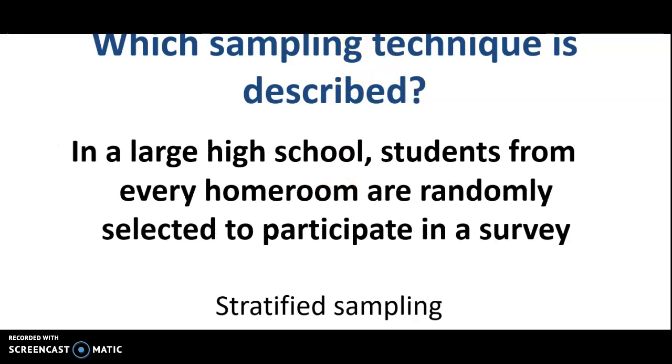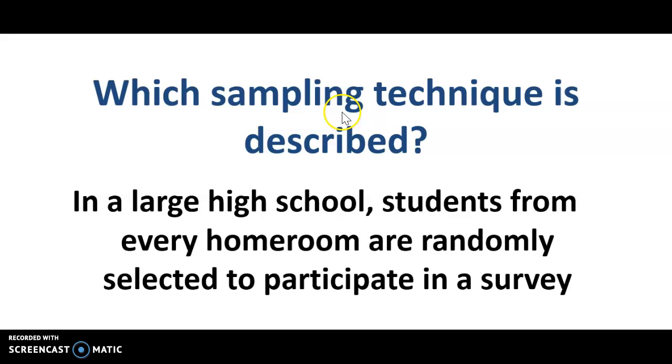Shoot. Guess you saw the answer there. So in a large high school, students from every homeroom are randomly selected to participate in a survey. So what's that? So they are in a homeroom. Could that be considered a cluster, or could that be considered stratified? It's not a simple random sample. Well, I know you saw the answer, but they have a common characteristic.